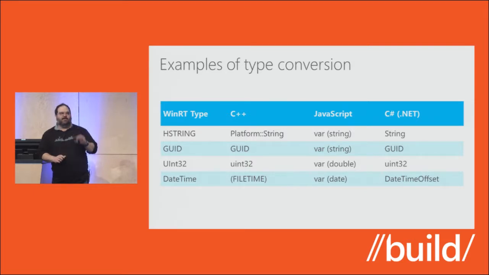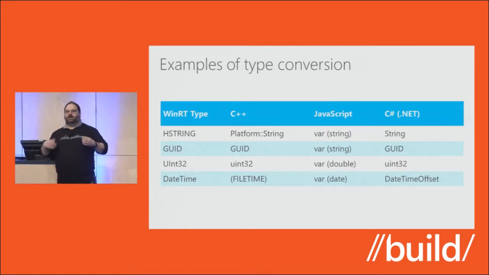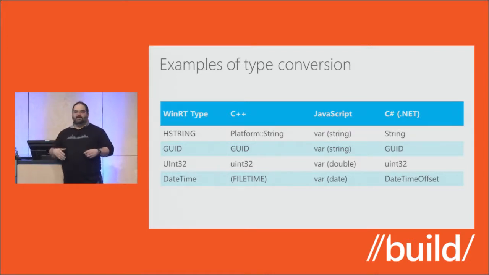I want to qualify this a little bit. We've got really efficient conversions to and from HSTRING. None of those conversions actually require that you copy the string itself. So you never have to recopy the string itself. But HSTRINGs are these reference-counted immutable strings.